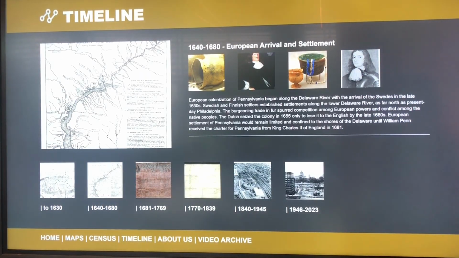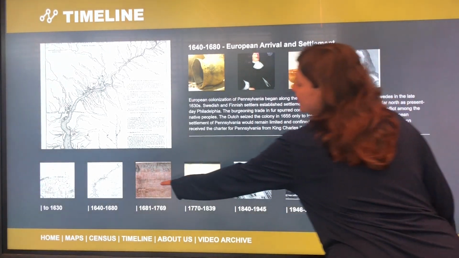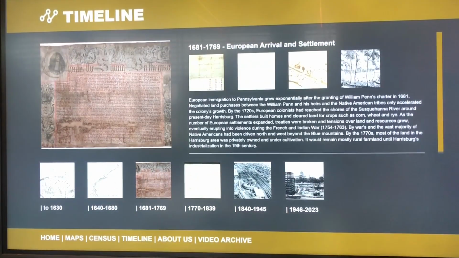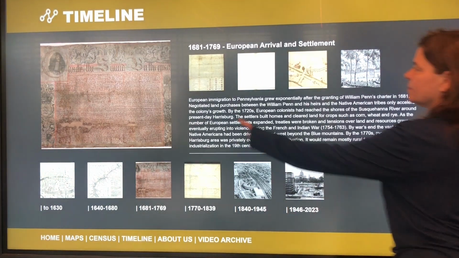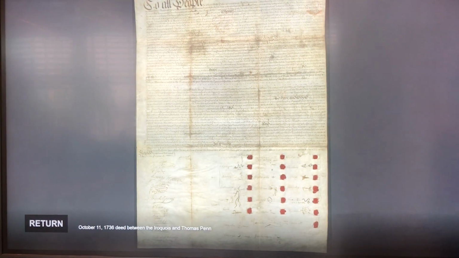Let's go through all the dates and stop at some interesting ones. If you find a picture on the date section that you like, you can tap on it. For example, right here is an early treaty with William Penn and the Native Americans.